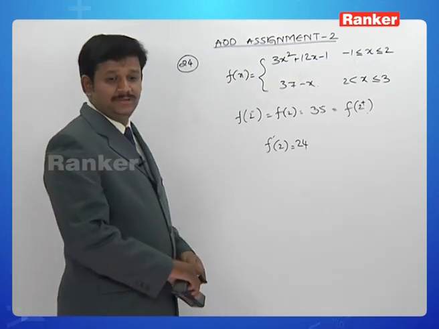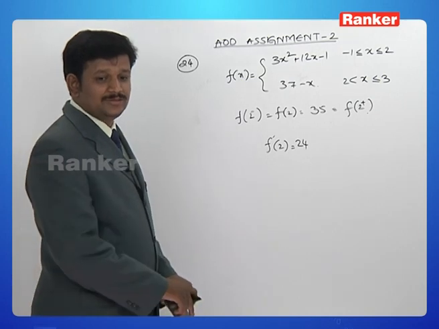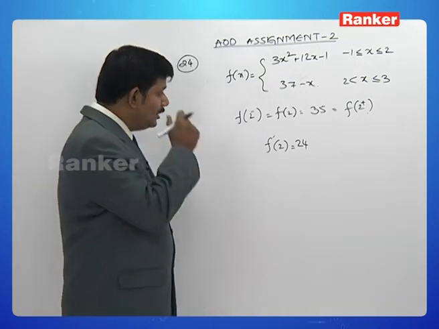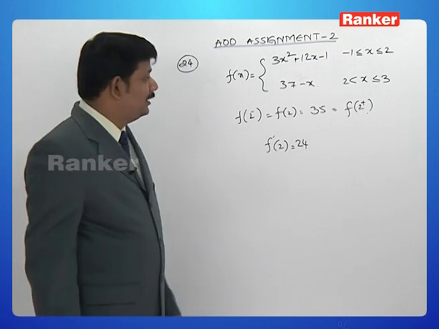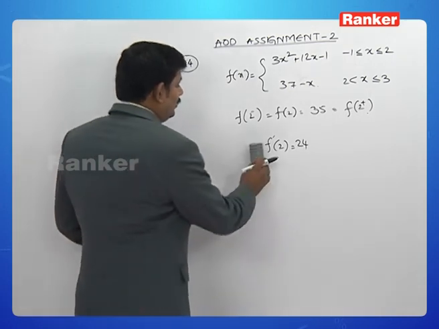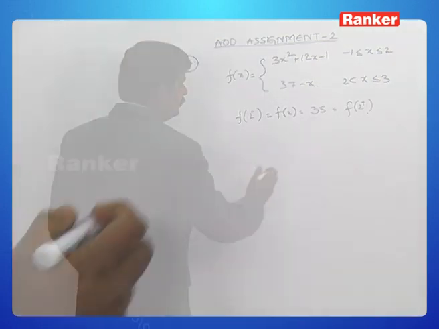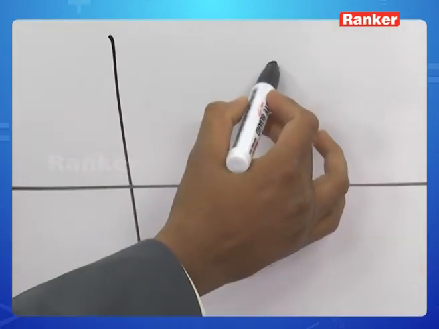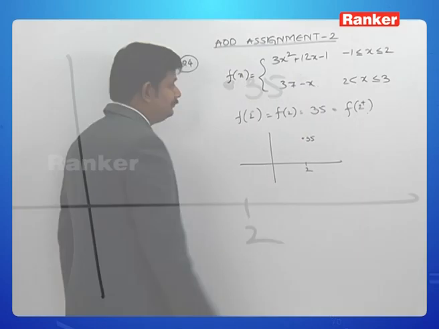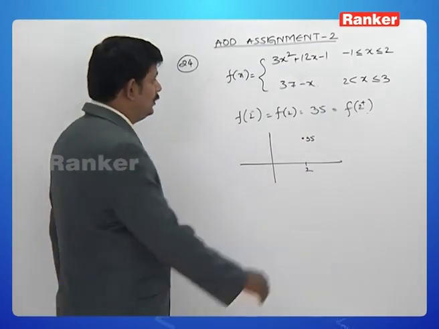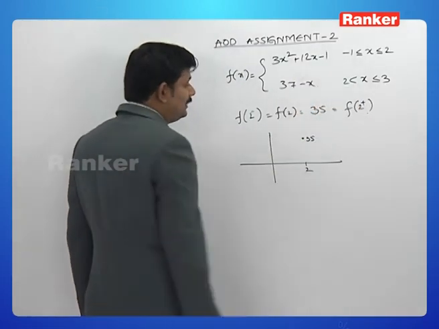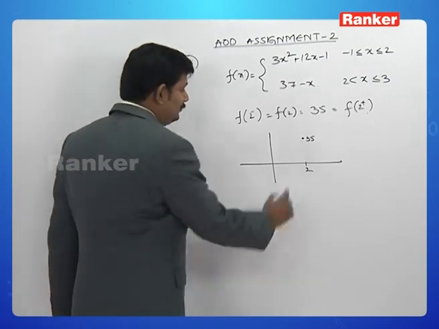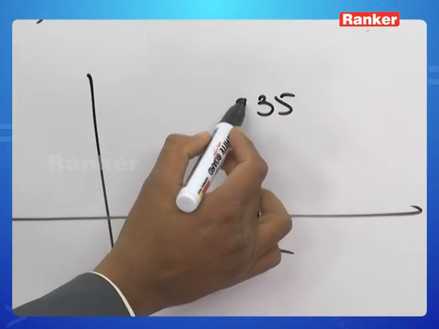Let us also see if the function has minimum value at 2. F of 2, we found out that it is 35. Right hand derivative is negative. So, to the right side function is decreasing.